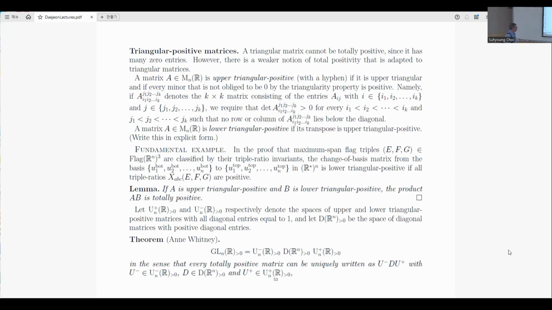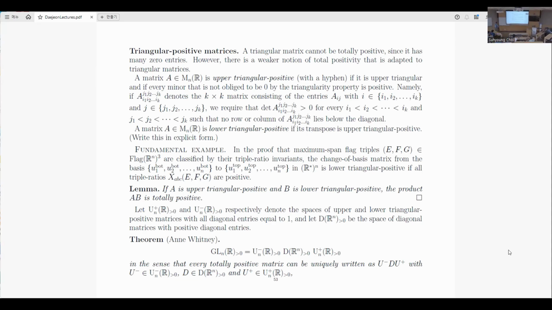Okay, so there is a notion of total positivity adapted to triangular matrices. So I looked at the field, they call that totally positive triangular matrices, but then a totally positive triangular matrix is not totally positive, which I find disturbing.